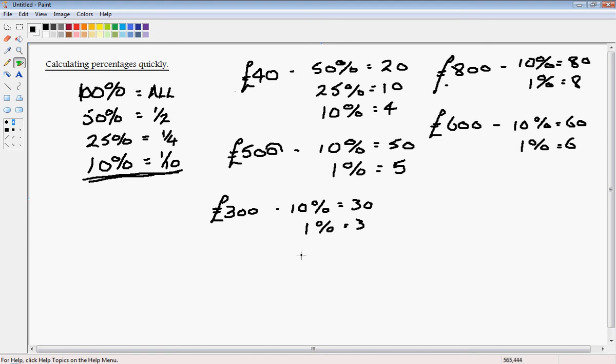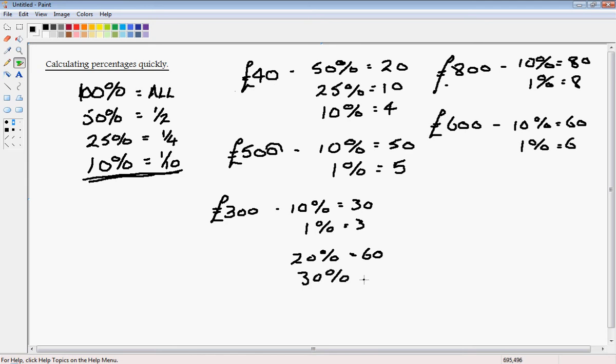For example, if they said, what's 20% of 300? Well, I know 10% is 30, so 20% is 2 lots of the 10%, so that must be 2 lots of the 30, so that will be 60.